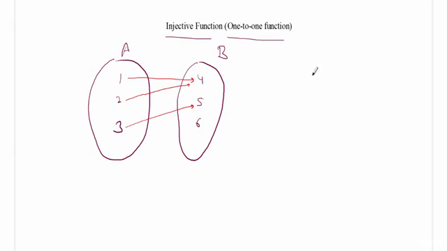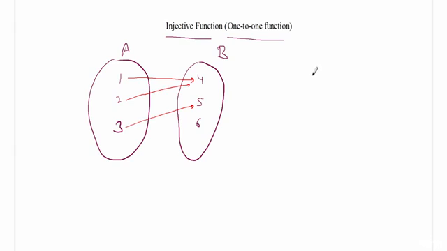So for example, if I say that there is a function from A to B such that it has these ordered pairs: (1, a), (2, a), (3, b), then you have to tell whether it is one-to-one or not. Your answer will be no, it is not one-to-one. Why not?